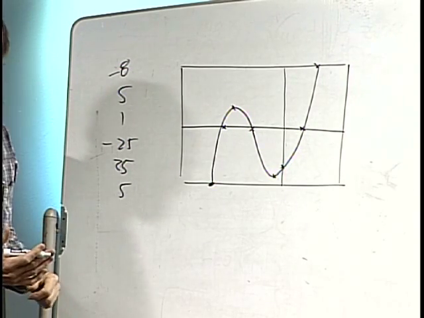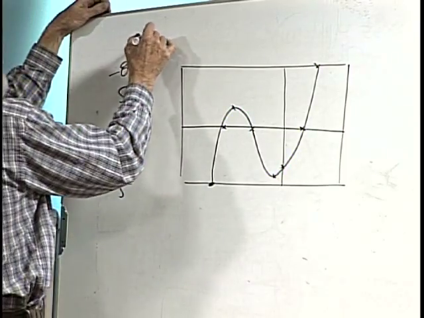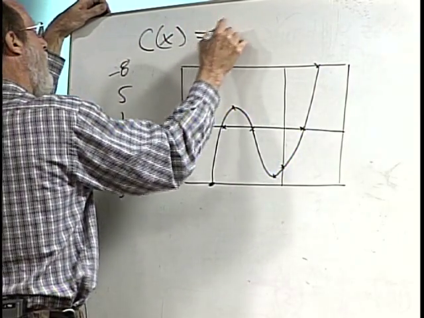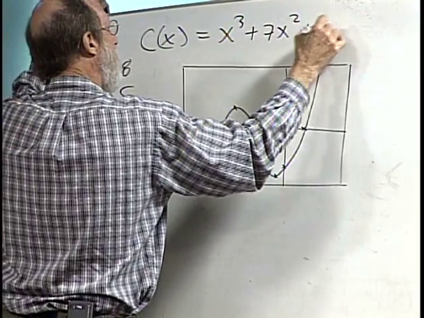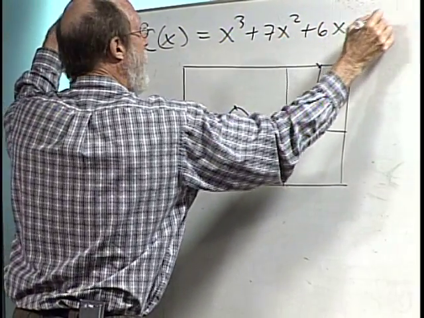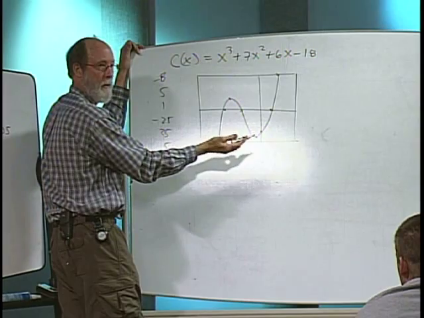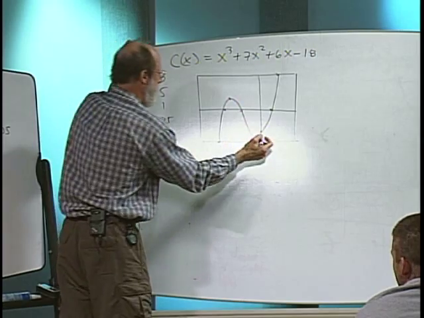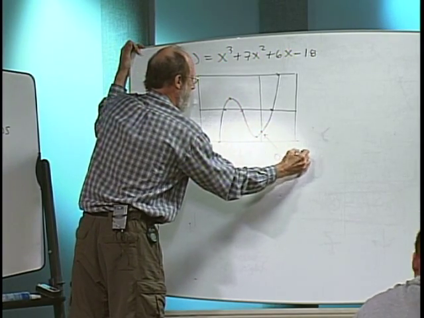Now what are we up to? We're investigating this particular cubic function, which we call c of x, x cubed plus 7x squared plus 6x minus 18. What could we right away label on this picture? Right here, couldn't we? 0, negative 18.